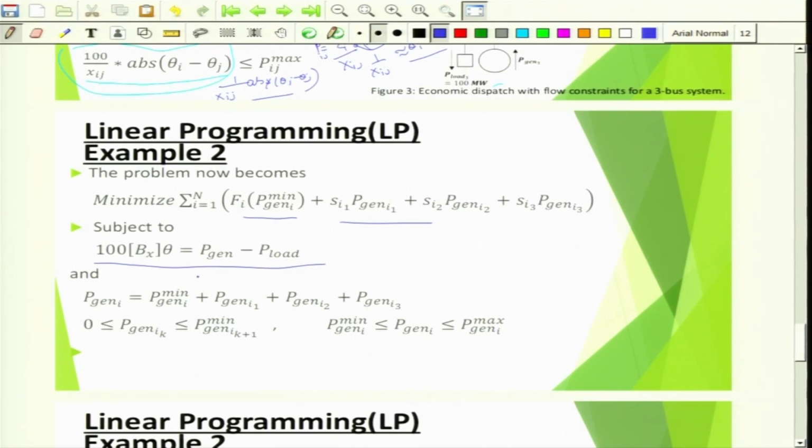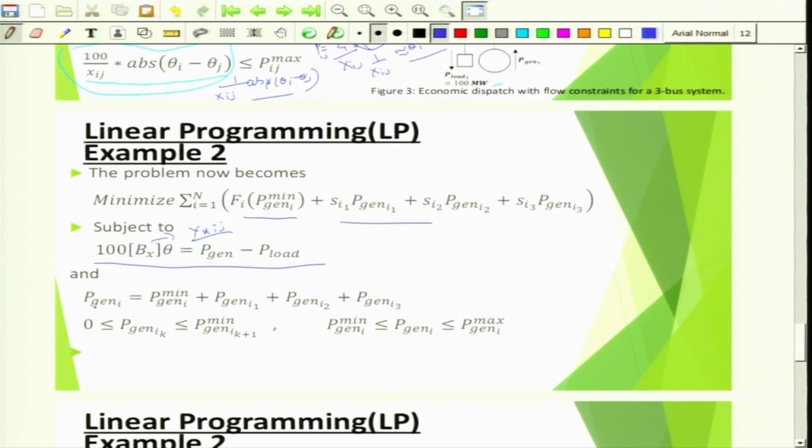The constraint is 100 into Bx into theta is equal to Pgen minus Pload. 1 by Xij is nothing but susceptance, that is Bx, and theta i minus theta j is represented as just theta, and that should be equal to the difference between generation and load. That is what is going through the line, right.